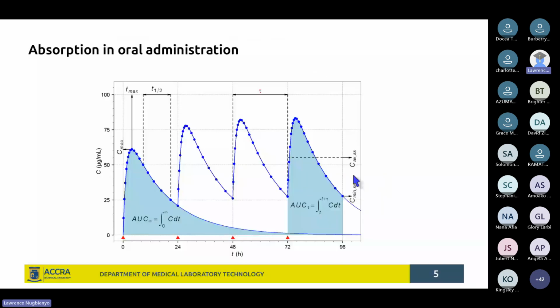Right. Now, we take the oral administration and look at a typical dosage of drugs through oral administration.